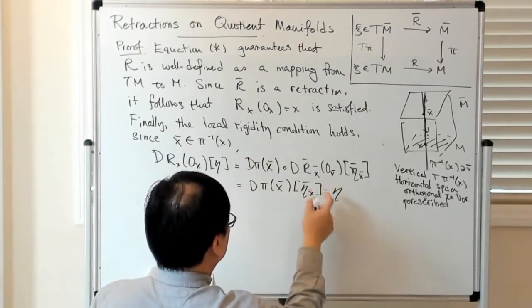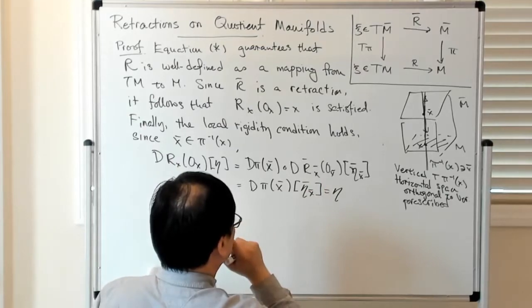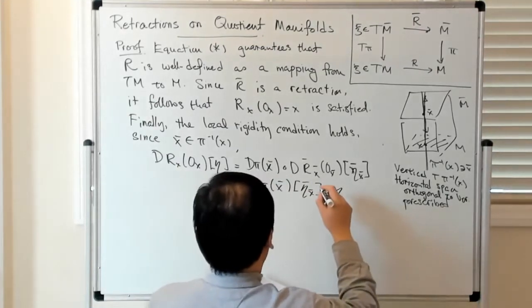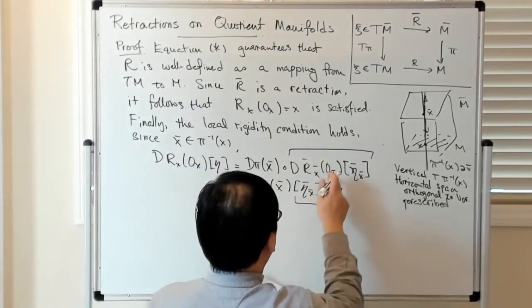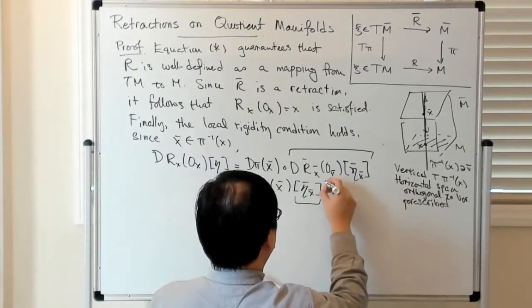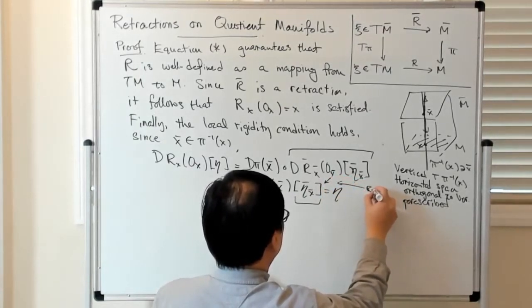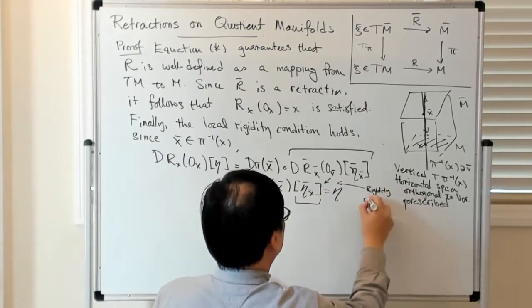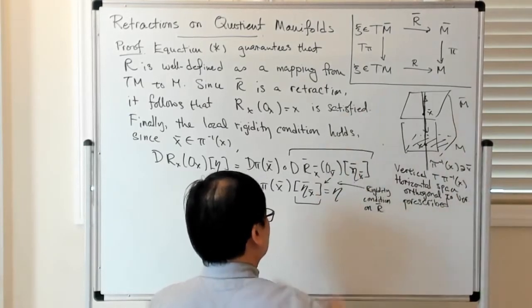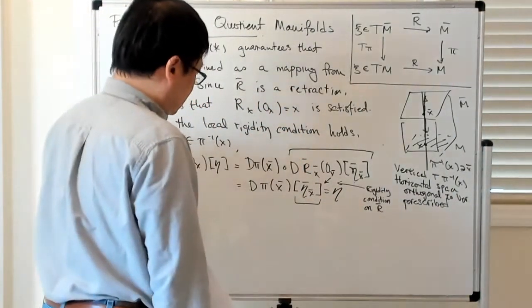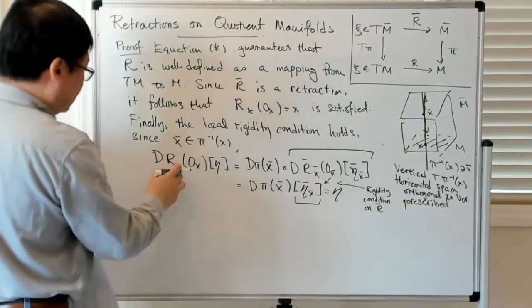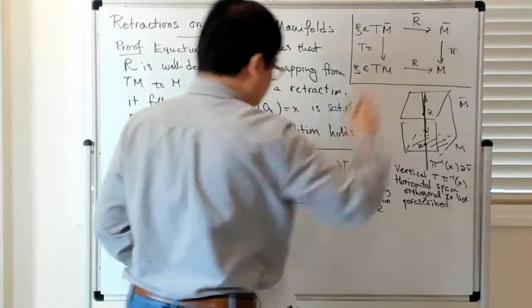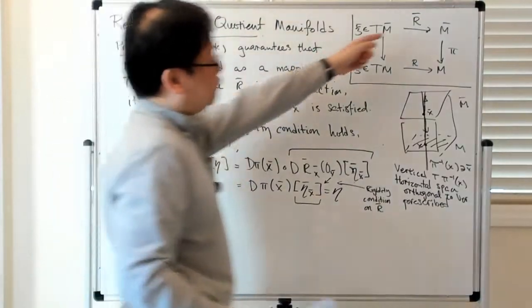And so the reason why you can replace this with this, of course, is that going from here to here is really just the rigidity condition on the retraction on the original space R bar, right? And so that's how you get the rigidity condition on the induced map, implicitly in terms of the rigidity condition of the original retraction.